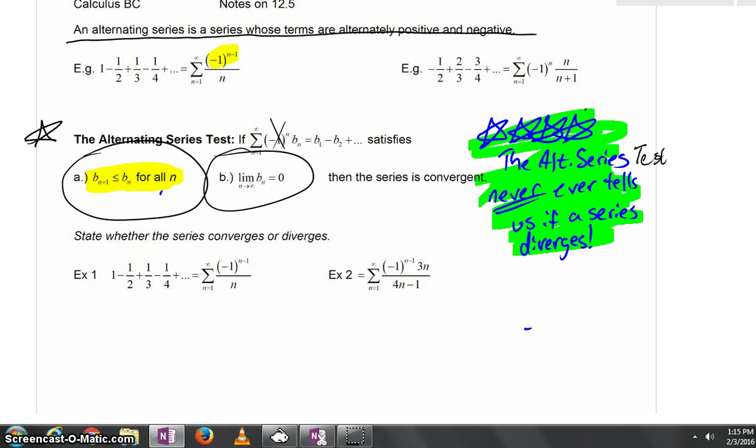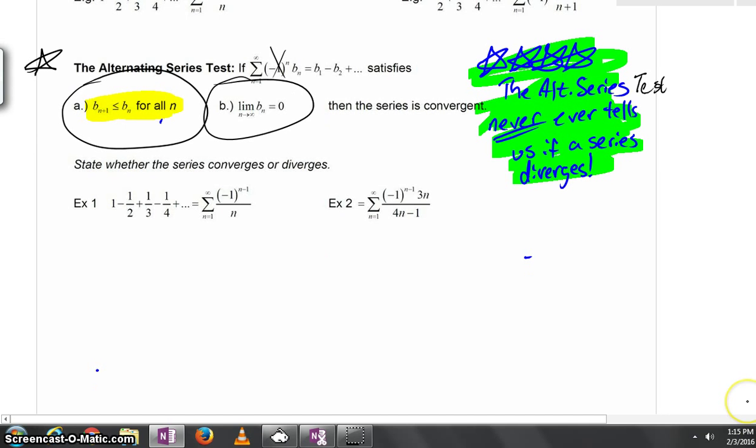Notice what I'm saying. The alternating series test never, ever tells us if a series diverges. It can only tell us if a series converges. To speak about divergence, we're going to have to do something a little bit different, and we'll see that in a moment. But look, with no further ado, let's see where we're going with this.